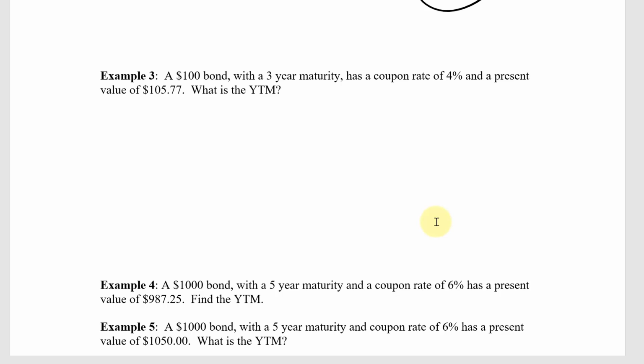Why would somebody pay extra $105 when its face value is only 100? Well, first of all, if you notice that you get $4 every year, plus for 3 years, that means you're actually going to get $12 plus the $100 back. So you still might be willing to pay $105 for that. And this would be referred to as a premium bond because it's with a low rate of return.